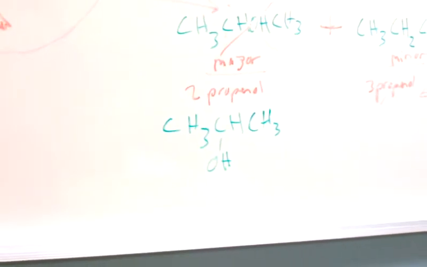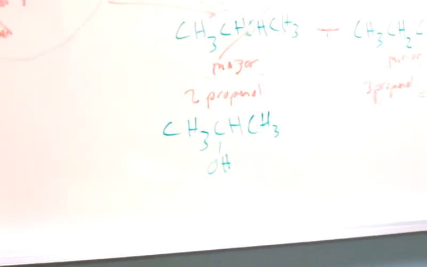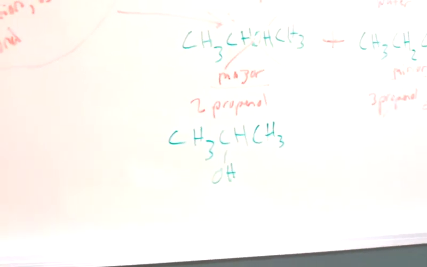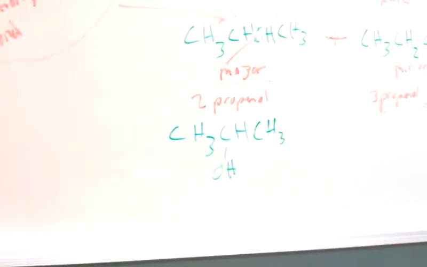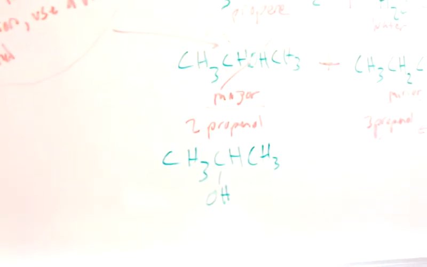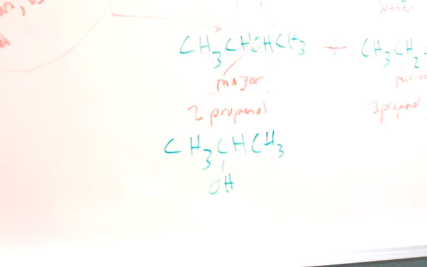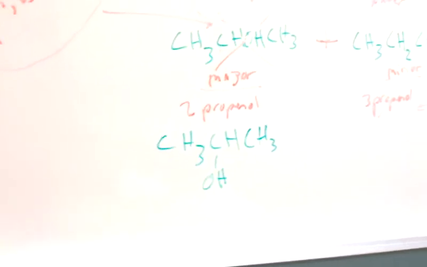CH3, CH, CH3, the OH. The minor product has the negative part of the water bound to the carbon that had only 1 hydrogen bound to it, and the positive part of that water, the H+, bound to the CH2. And here's your minor product.